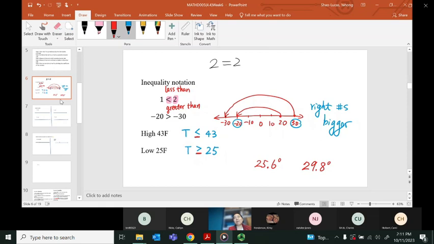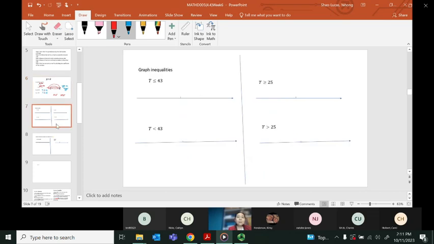So there are many possibilities for the temperatures. That's why graphing it makes it much easier for us to see how the temperature changes, or the profit, or how your salary changes.